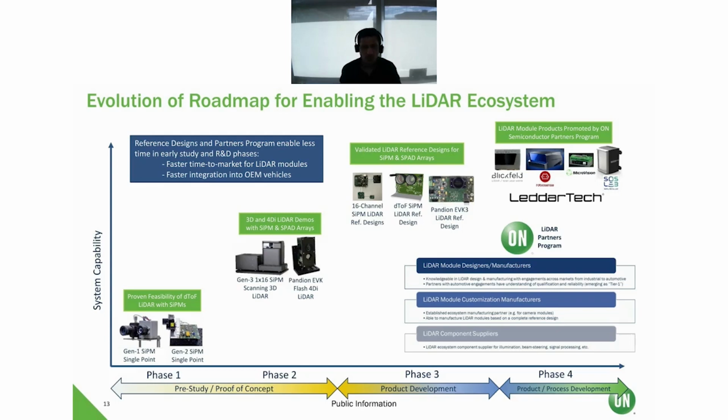This is a combination of LiDAR module manufacturers, in addition to LiDAR component suppliers that we promote products with to be able to get our customers to market faster. And that allows them to skip the time that would normally be spent in the pre-study or proof of concept period, because they're either able to receive an already working LiDAR module, or they're able to build on a reference design and make their own module.